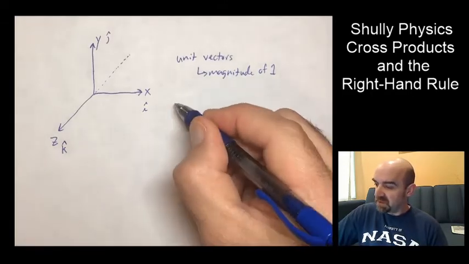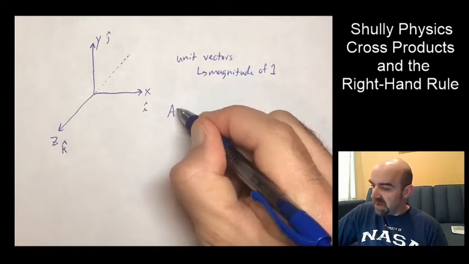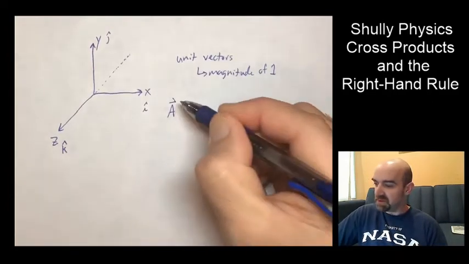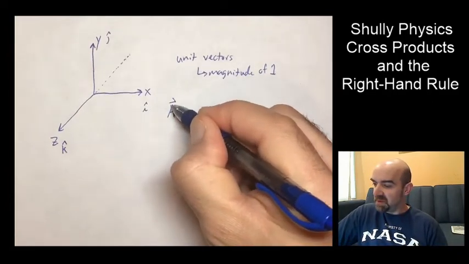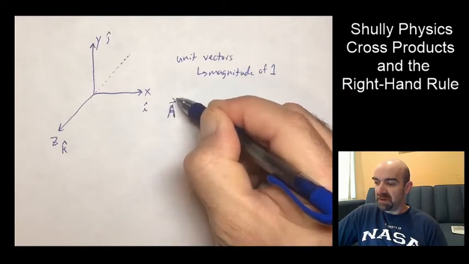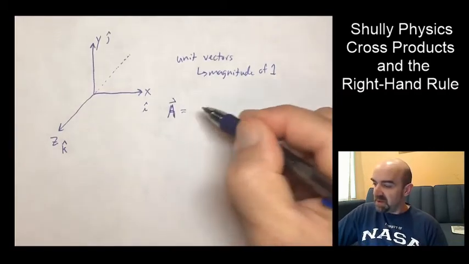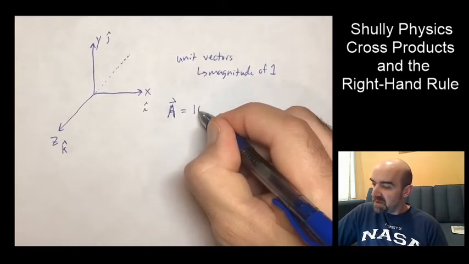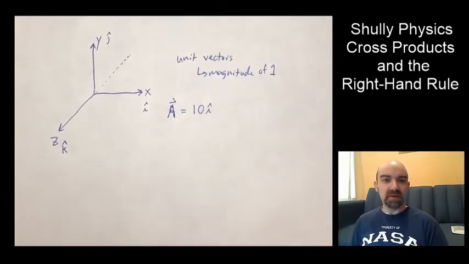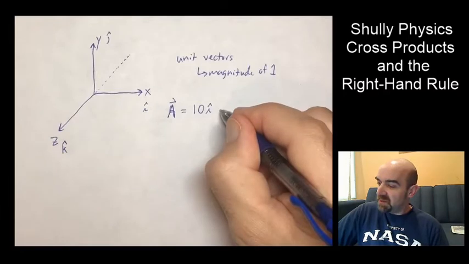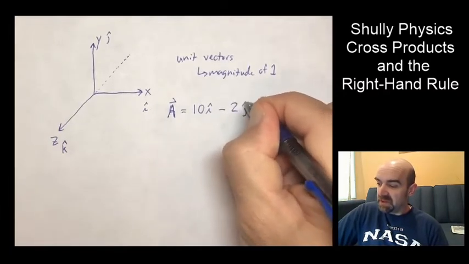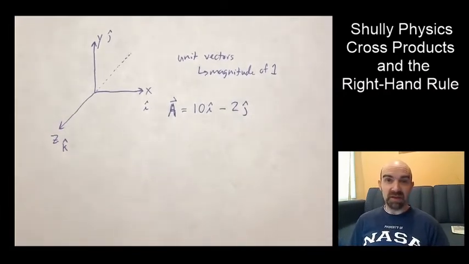So, for example, if vector A, and this is a vector notation, this denotes that this quantity A has a direction to it, it's a vector. If vector A is 10I, that means it has a magnitude of 10 in the x direction. If we add onto it a negative 2j, that means it also has a component in the negative y direction with a magnitude of 2.